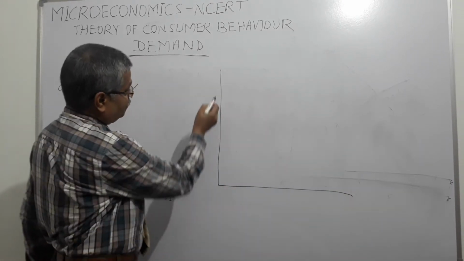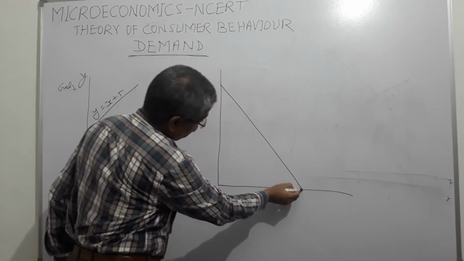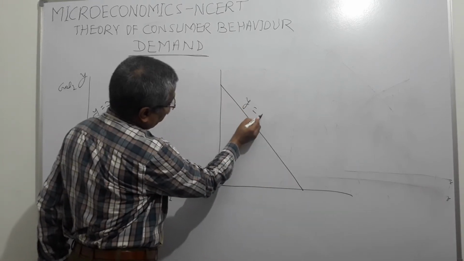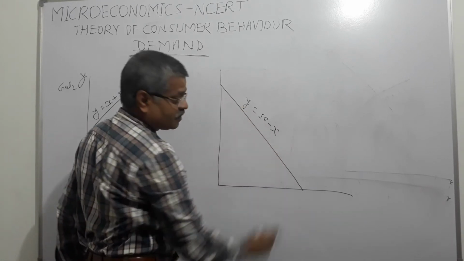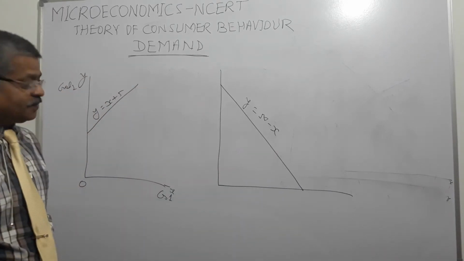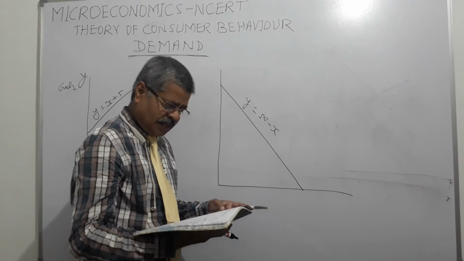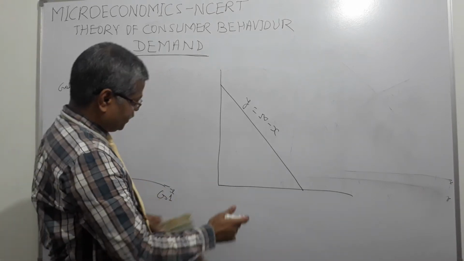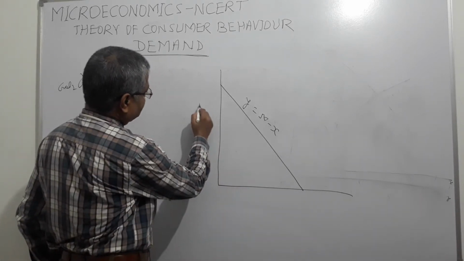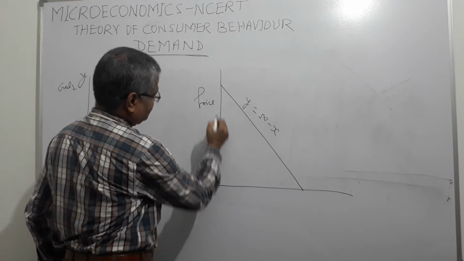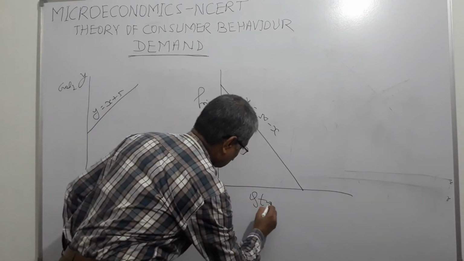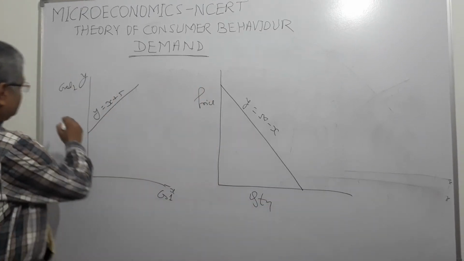Then Y is equal to 50 minus X, which is descending. Then this one is price and this is quantity, right?